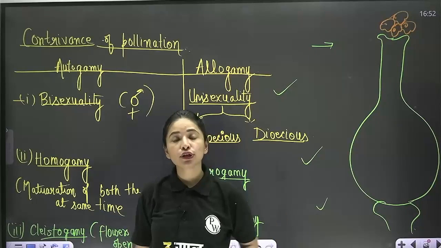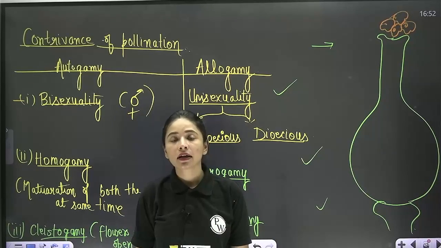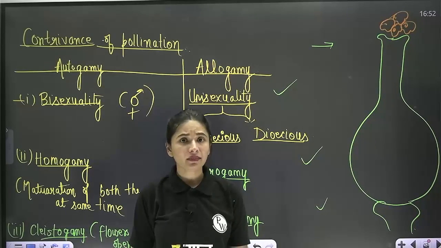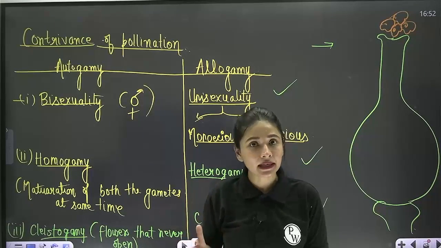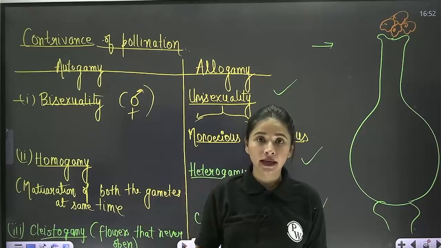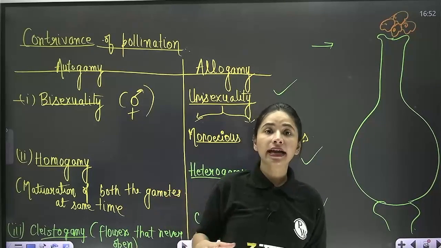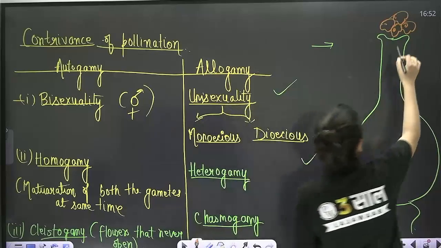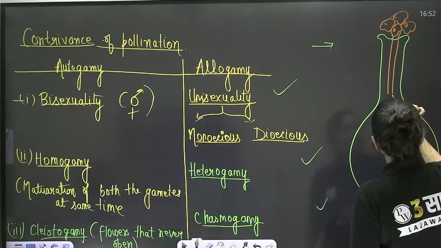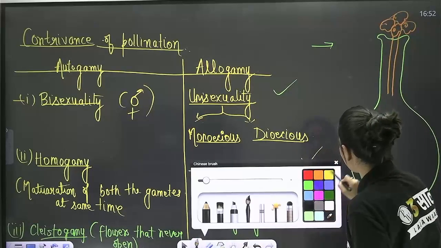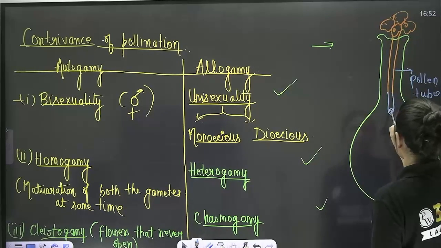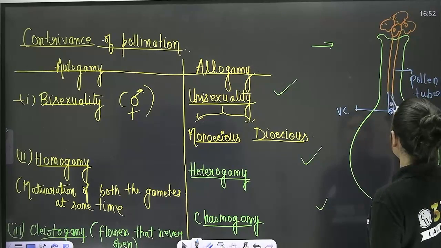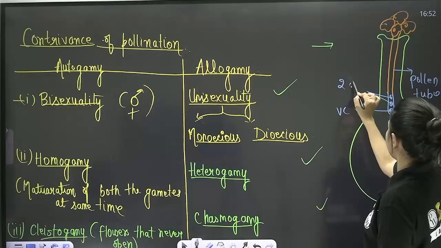So now it becomes the duty of the stigma to ensure the correct germination of the pollen grain. Hence, as soon as a pollen grain lands on the stigma, there is some exchange of chemical dialogue between the stigma and the pollen grain, and this is done from the side of the stigma to ensure that the right pollen grain develops, right? And once the pollen grain passes the test, it gives rise to a pollen tube, which is carrying the vegetative cell and two male gametes behind.